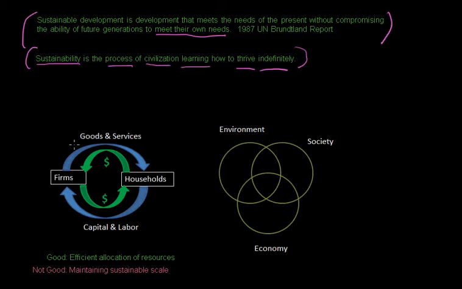One idea that seems to be helpful is to think of sustainability requirements in three groups. These are shown as three intersecting circles representing society, environment, and economy.